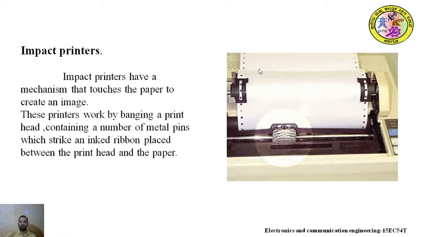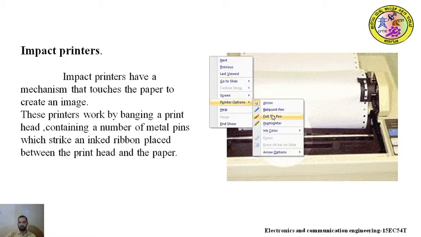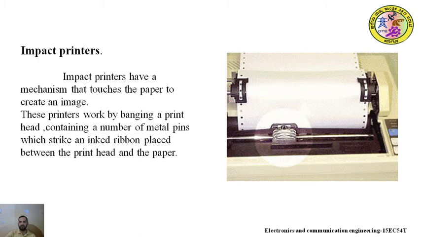By seeing this figure, this is an example of impact printers. Now we will see what we mean by impact printers. Impact printers have a mechanism that touches the paper to create an image.